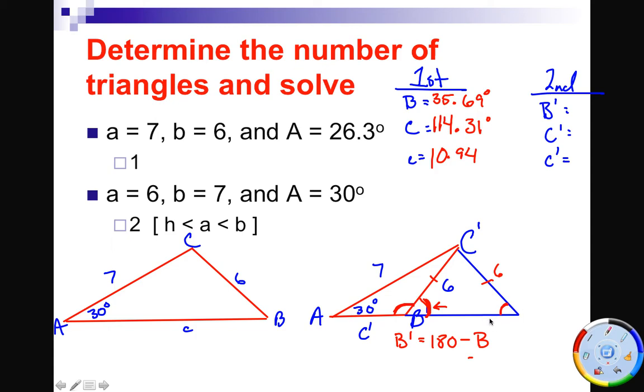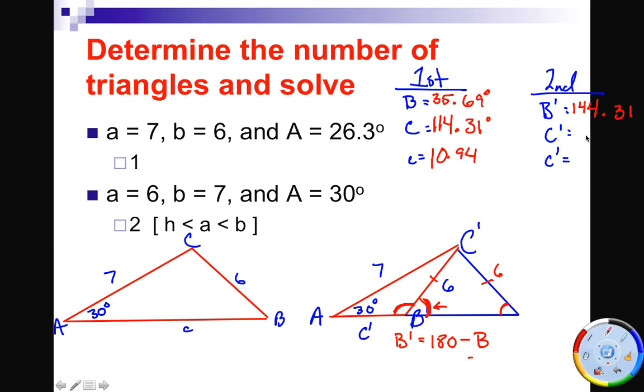So I can do 180 minus B. I'm going to go back up into my calculator, find that number I had, and I get 144.31. So that means I found this angle here. And now to find the third angle, notice I haven't even used law of sines yet for the second triangle.